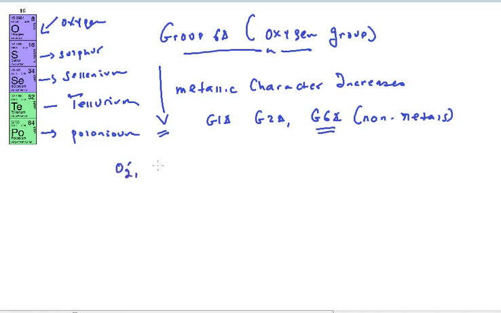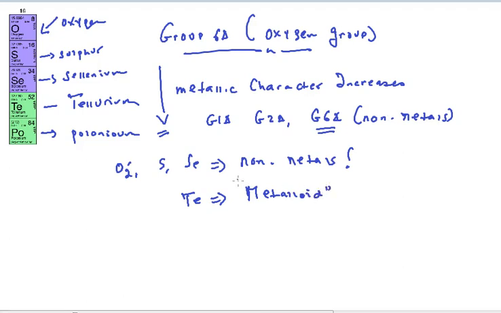Oxygen is a non-metal, obviously. Sulfur and selenium are non-metals. Tellurium is a metalloid. It's acting as both a metal and a non-metal. And finally, you have polonium, which is a radioactive element, which is a metal though.